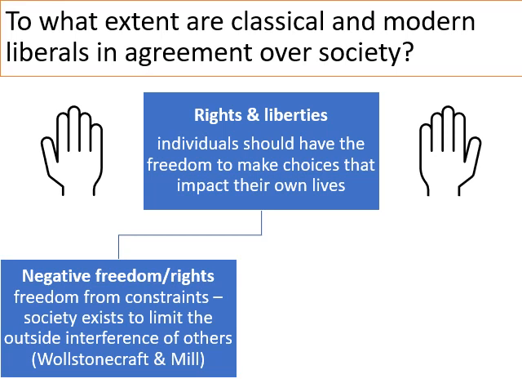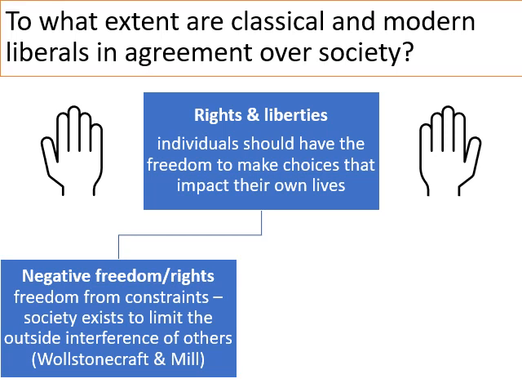Now, on one hand, classical liberals believe in negative freedom or negative rights. They believe that freedom means where you are free from constraints, where society is not limiting or telling you what to do. Now, I've got two thinkers here.